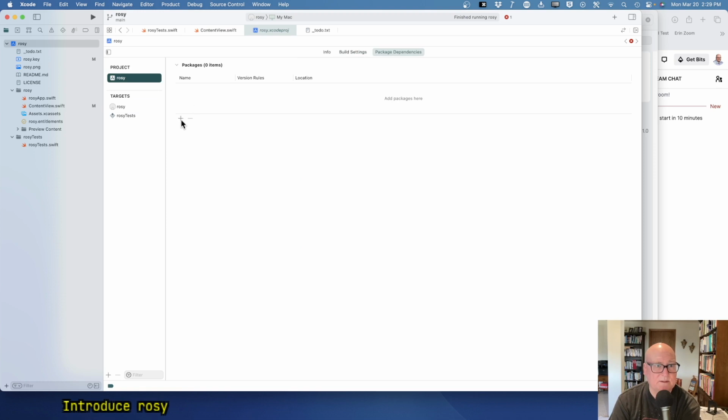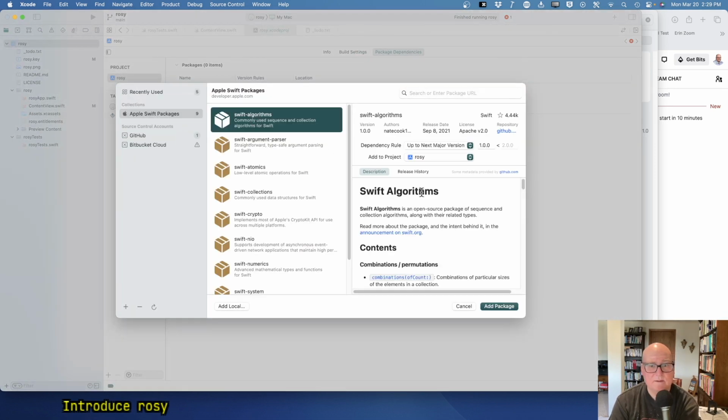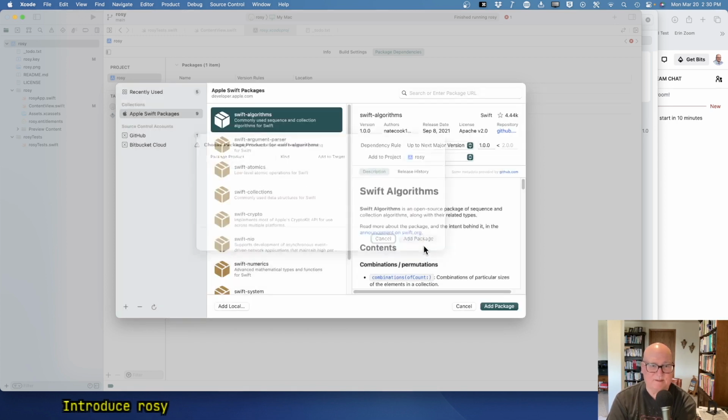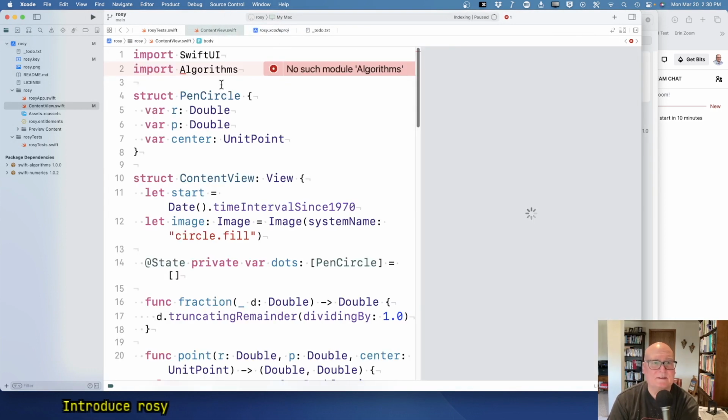Package dependencies. Can I add algorithms here? There it is. Pulling in a lot more than I want, I guess, but we'll find places to use it. Okay, so now that should go away.